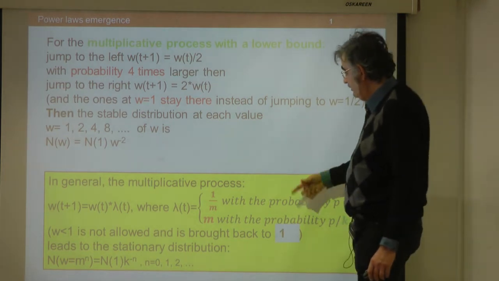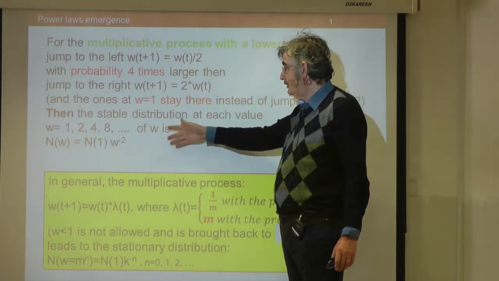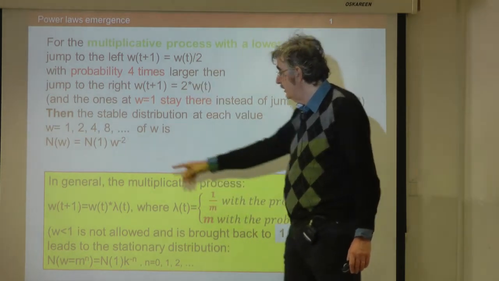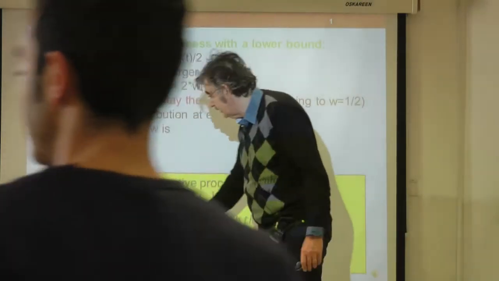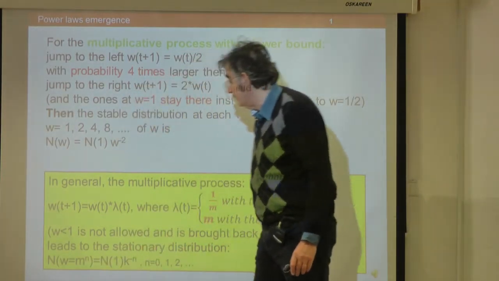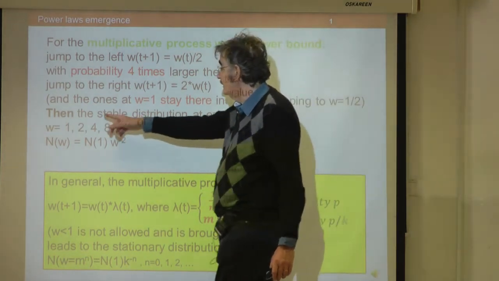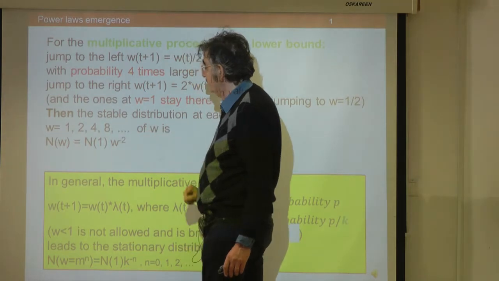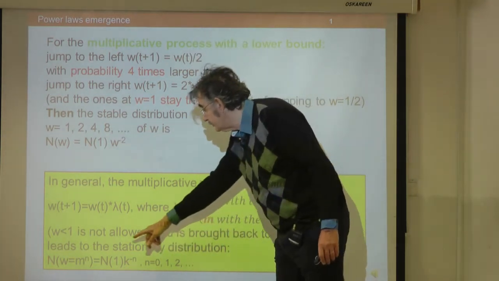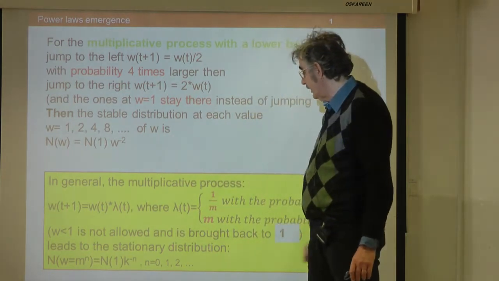And in this case, one can repeat the rather simple procedure which we applied to obtain this result. And we obtain the result that n of w, where w can take values of the type m to the n, in the same way in which before it was only allowed to take powers of 2. Here it is allowed to take only powers of m, because we multiply or divide only by m.